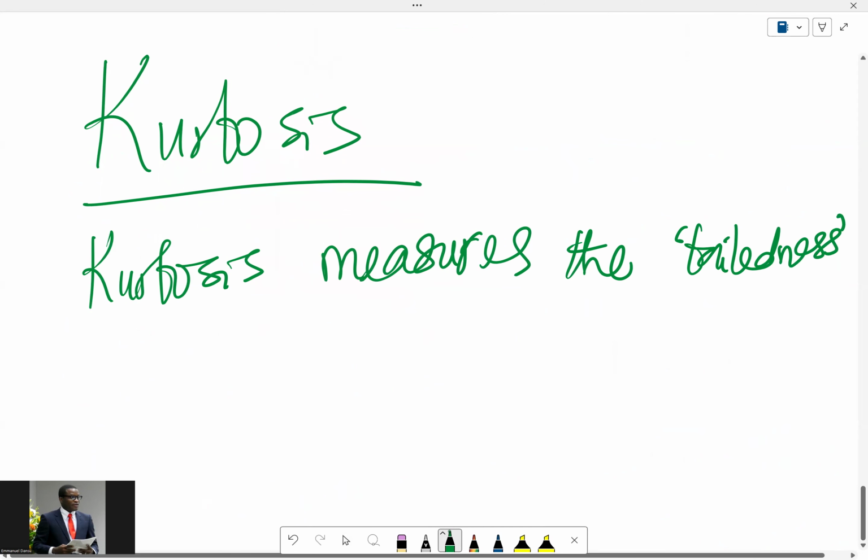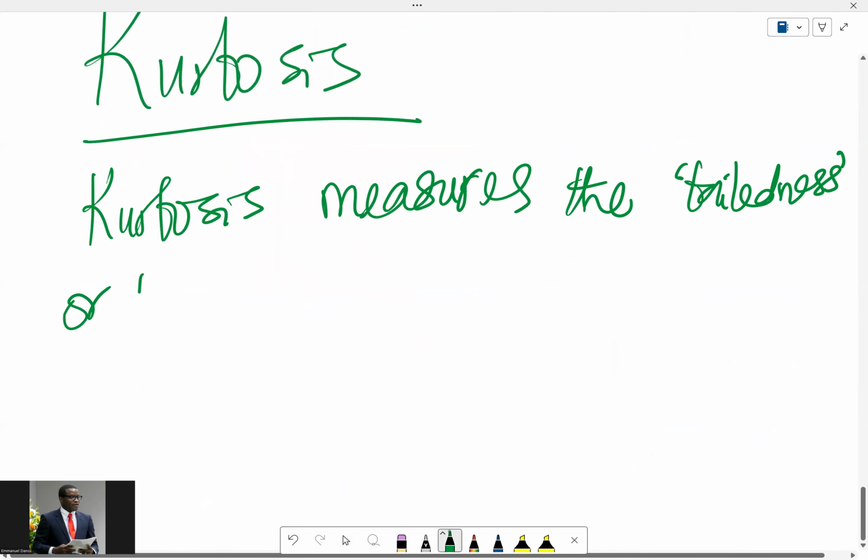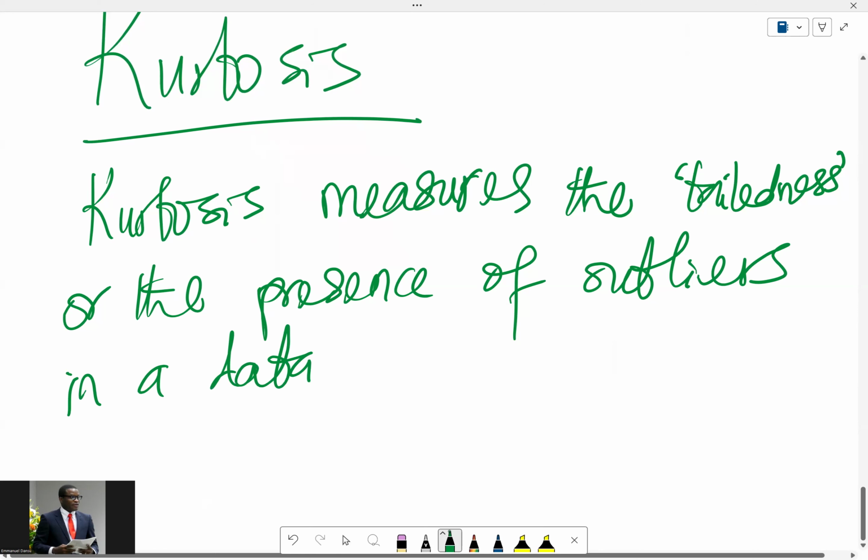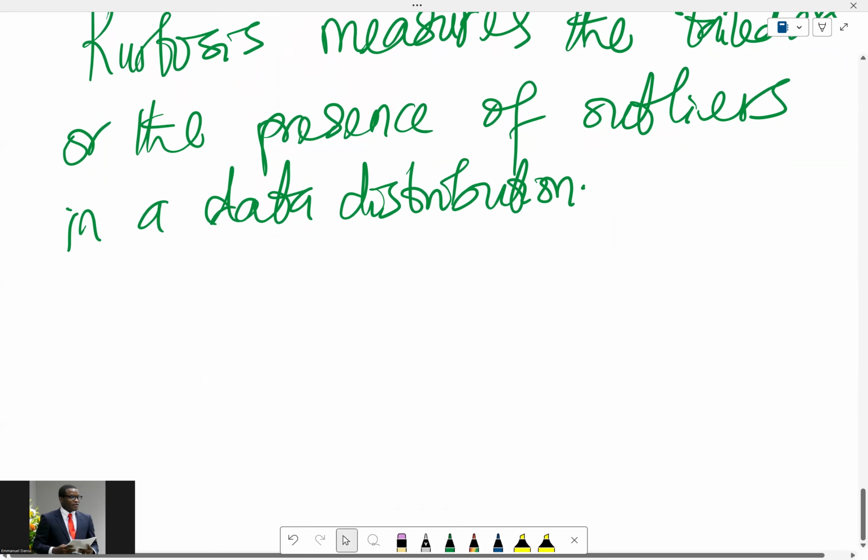It measures the tailedness or the presence of outliers in a data distribution. So skewness talks about symmetry, while this one talks about tailedness or the presence or absence of outliers in a data distribution.